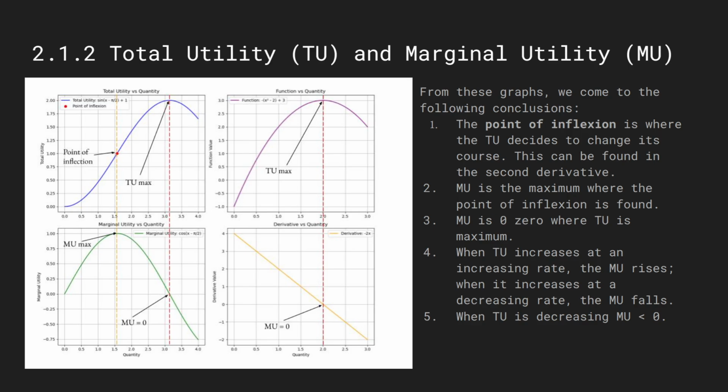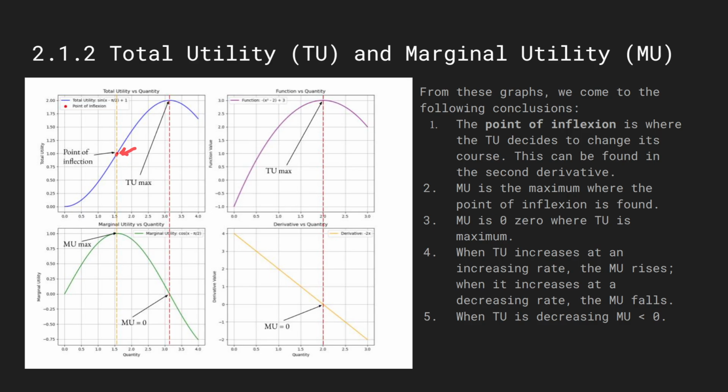So here we can see that when the TU curve changes its course, it is called the point of inflation. And what does it mean by point of inflation? It means that as we are consuming more goods, at the point of inflation, our marginal utility was the highest.